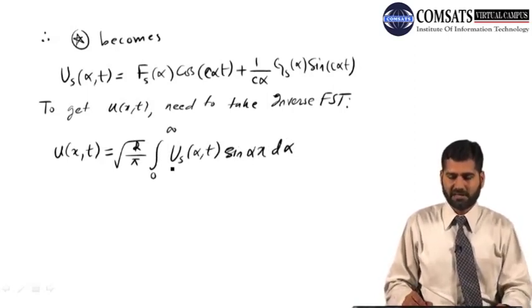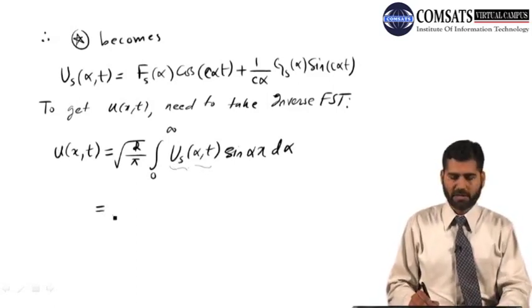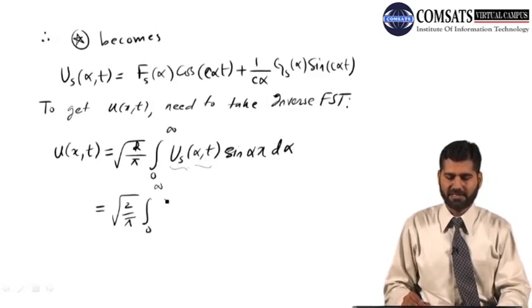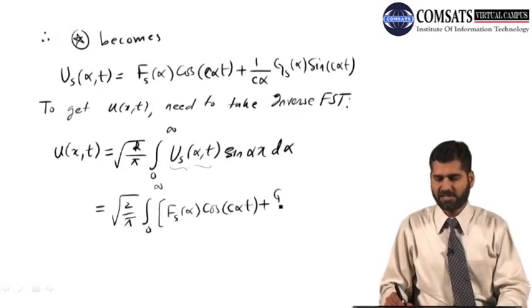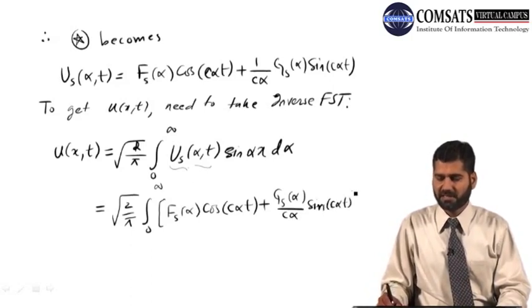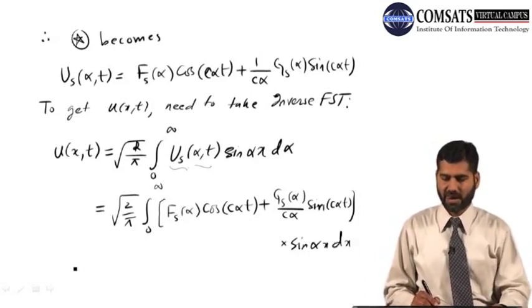The inverse Fourier sine transform will give me u(x,t). So now I can replace the value of U_s(alpha, t), which is F_s(alpha) cos(c alpha t) plus G_s(alpha) over c alpha sin(c alpha t), times sine alpha x. This is what you got.